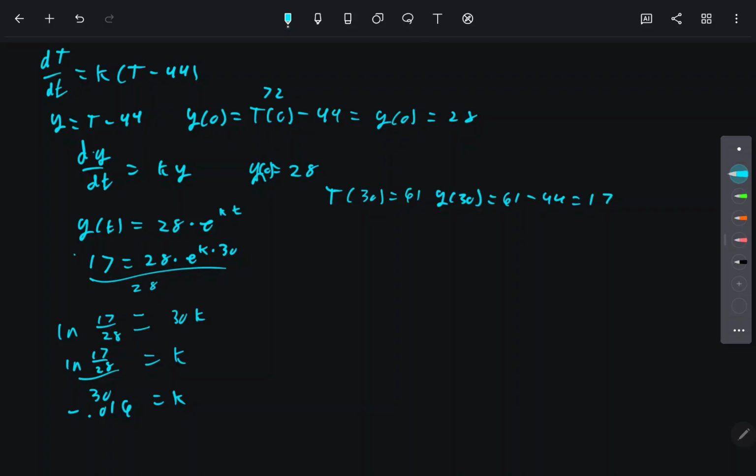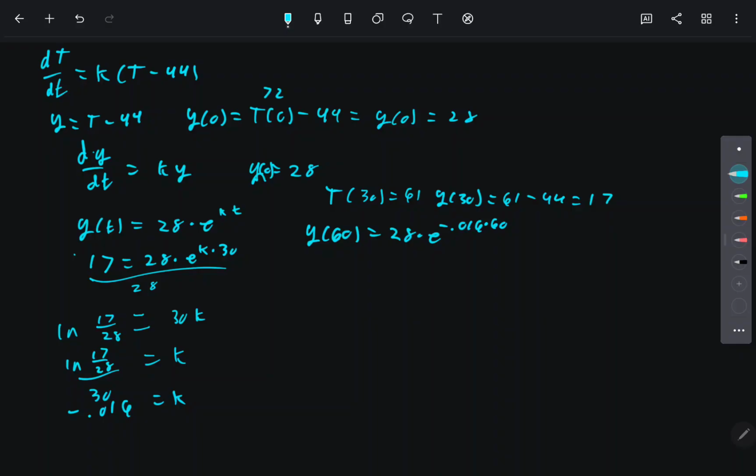So we're going to start out by saying that our y of 60 is equal to 28 times e to the negative 0.016 t, or in this case 60.